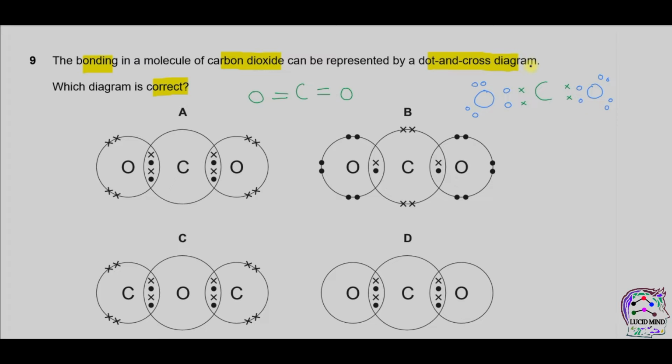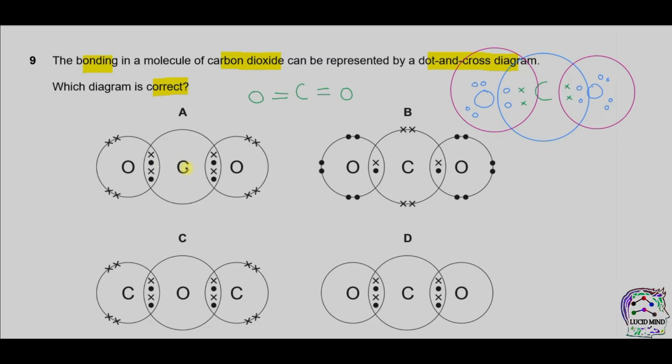So the structure must be like this. In carbon, now 8 electrons are complete. Now we can draw the structure of oxygen, and the second oxygen. So this is the structure of CO2.